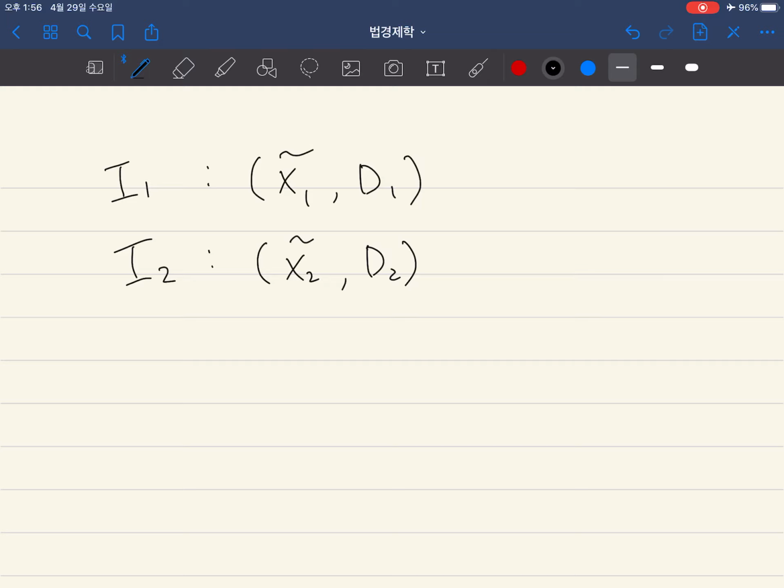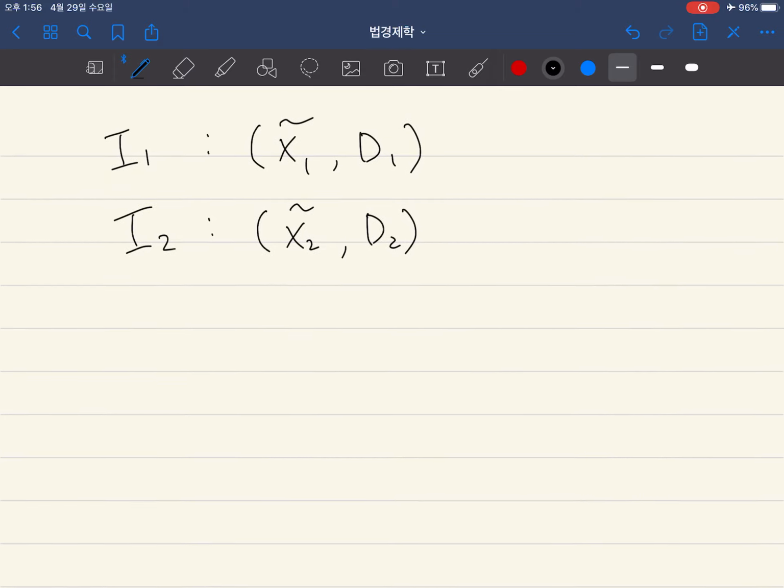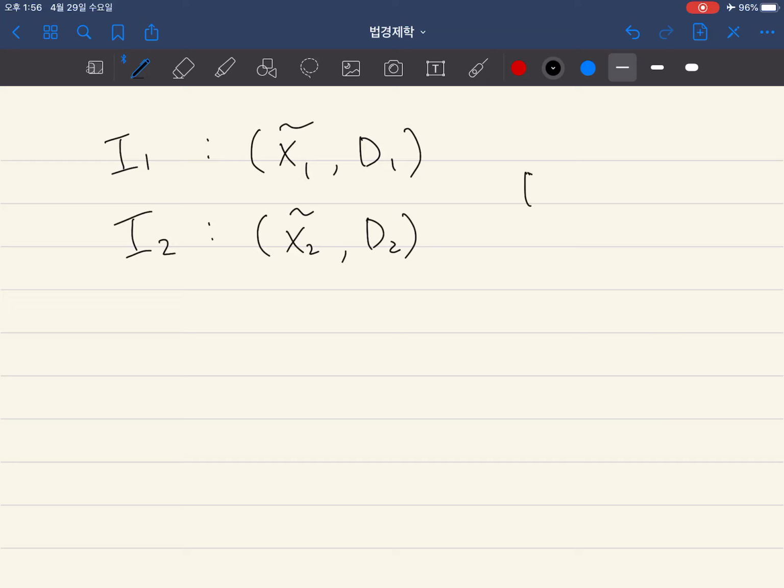Okay, then remember one thing. D1 and D2 cannot be the same. Why? Suppose they are the same, then what's going to happen? Suppose I draw two isocost curves and D1 and D2 are the same.